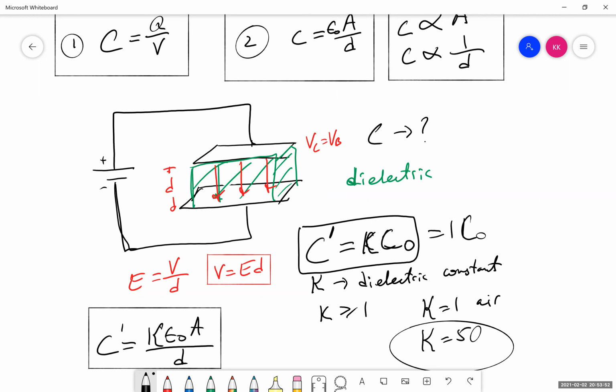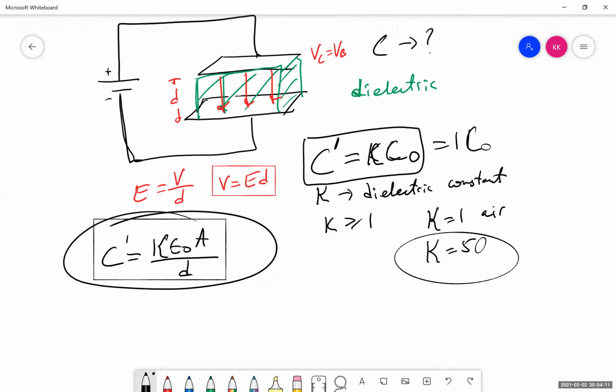That means we're going to explore three things: what happens to the capacitance when we change the area, when we change the distance, and when we insert some kind of dielectric material. We can see what happens to all of those things.